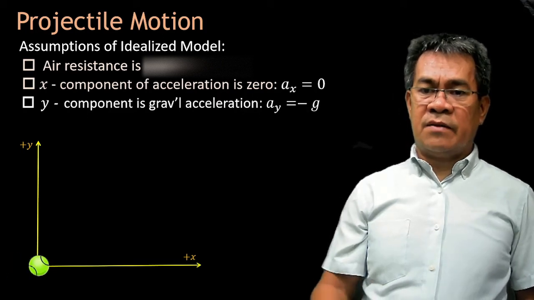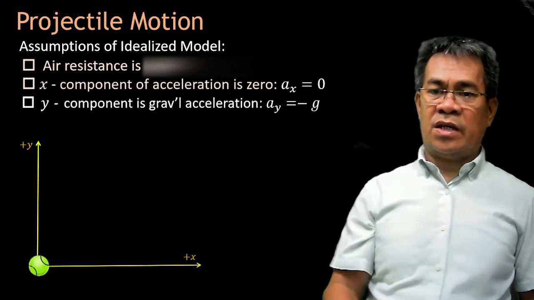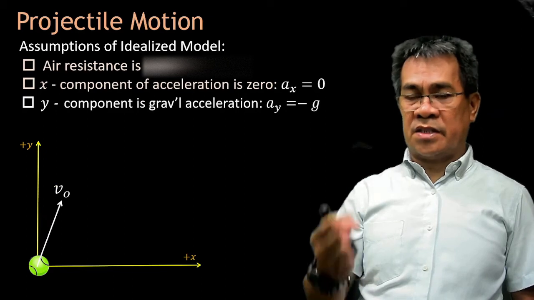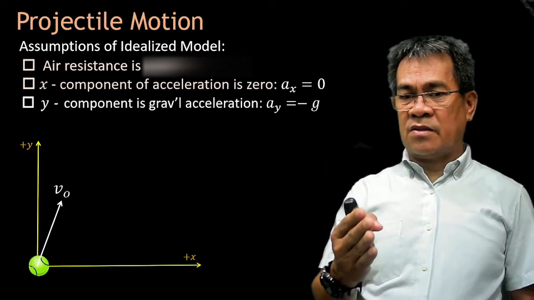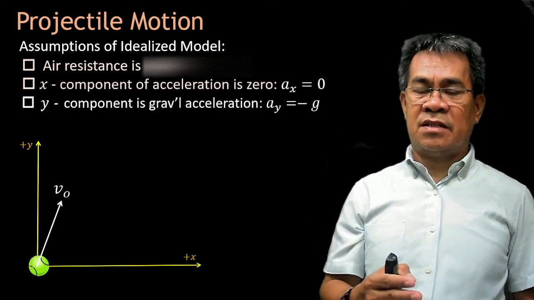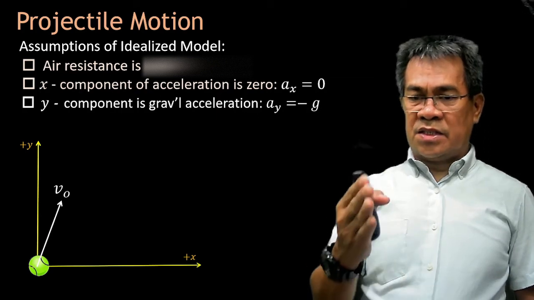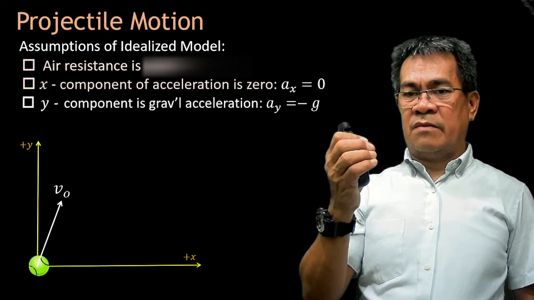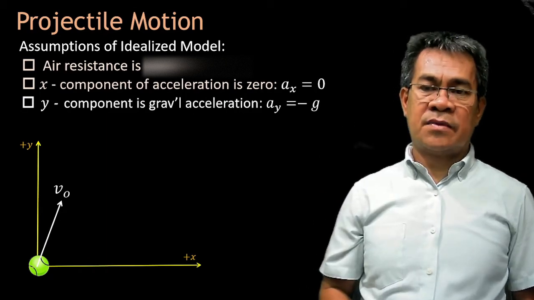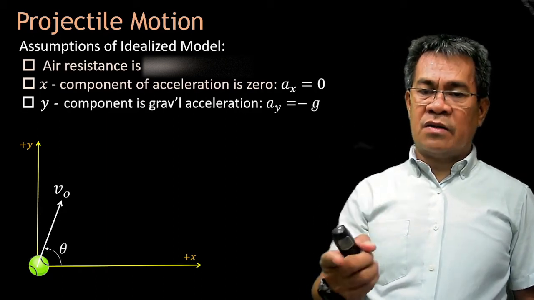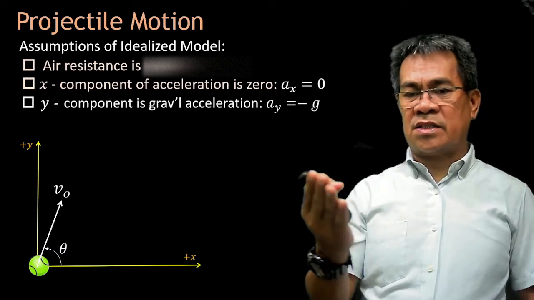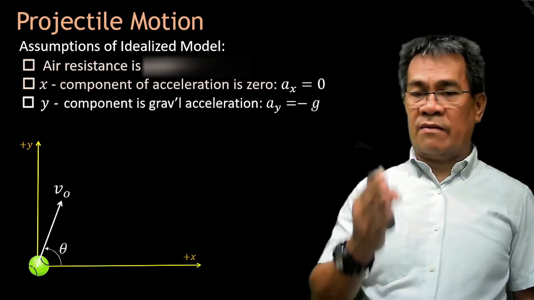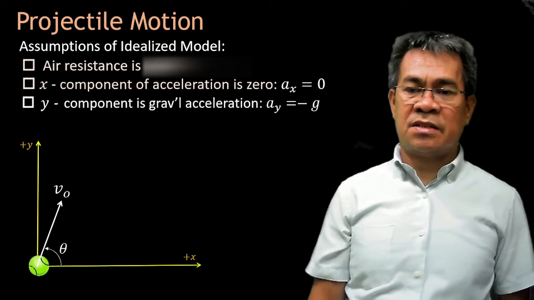Okay, so if we have that object, for example, and we apply a force that results in a velocity, call it the initial velocity. It is the velocity at the initial point where the frame of reference is located, and suppose the angle is theta, we call it the angle of projection, while v0 is our initial velocity.